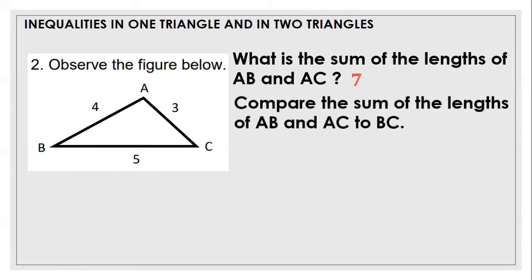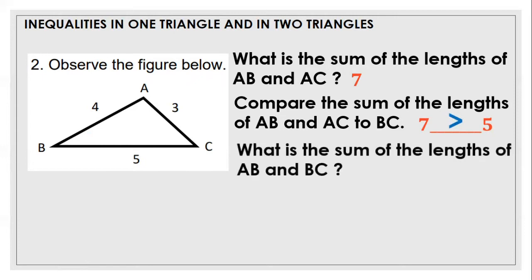Next question. Compare the sum of the lengths of AB and AC to BC. So, i-compare daw natin yung sagot kanina kay segment BC. So, meron tayong 7 is blank than 5. Is it greater than or less than? It is greater than. 7 is greater than 5.